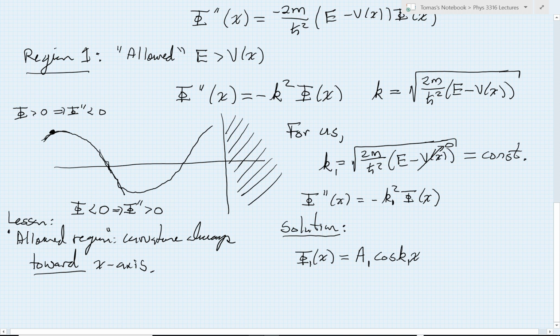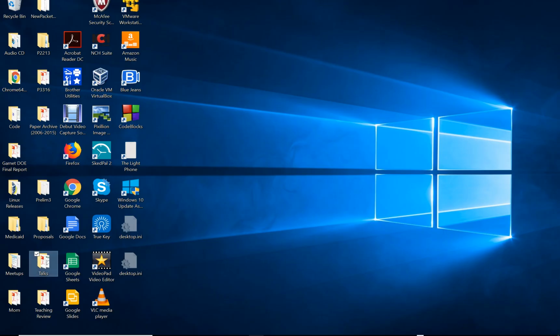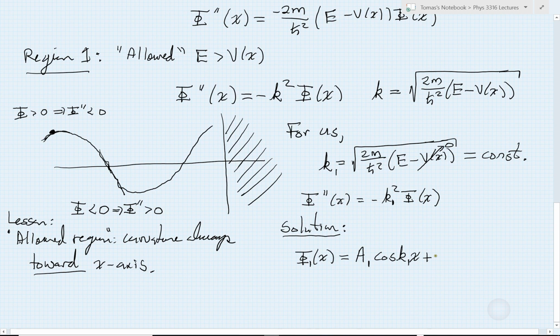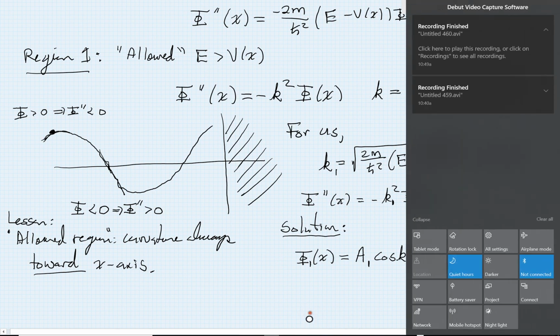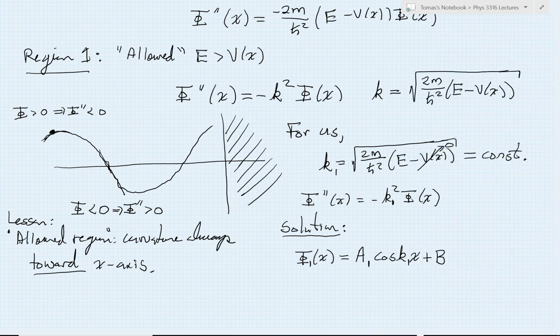So that will work, but there's not just cosine, right? There's another type of function that will give the same behavior, and of course that would be the sine function, and I'm going to give that a different prefactor, which I will call b1, times the sine of k1 times x, like so.